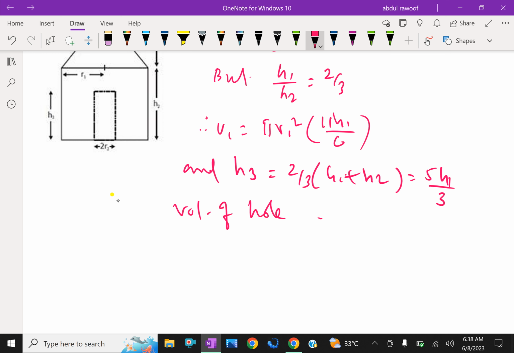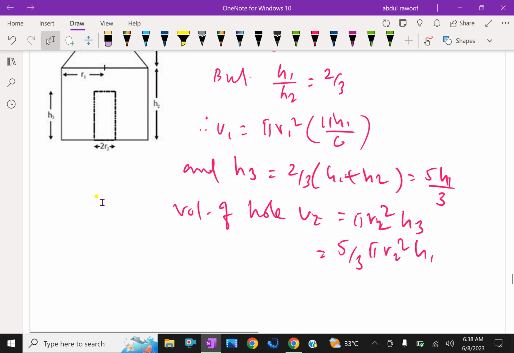Volume of hole, that is V2 equal pi R2 square H3, which is equal to 5 by 3 pi R2 square H1.